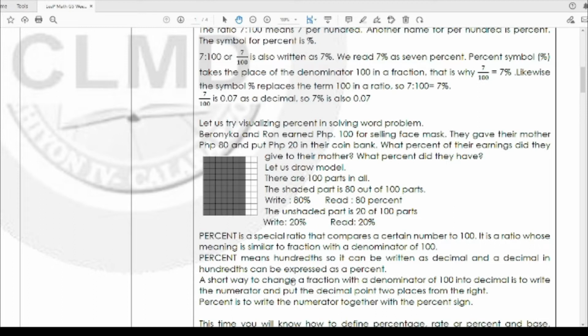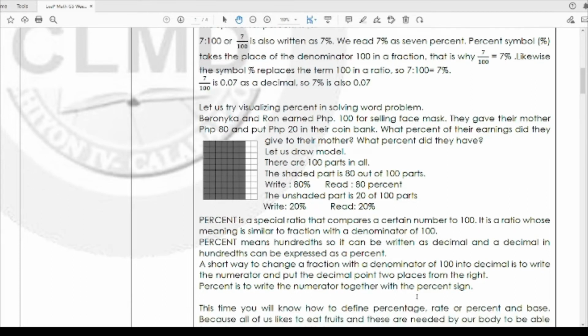A short way to change a fraction with a denominator of 100 into a decimal is to write the numerator and put the decimal point 2 places from the right. To write a percent, write the numerator together with the percent sign.